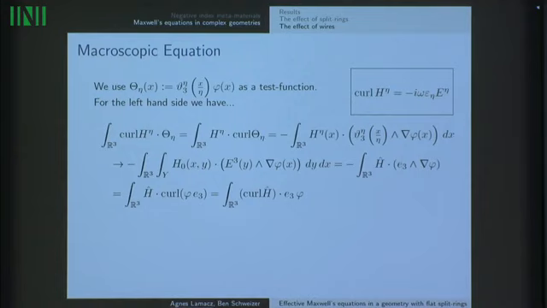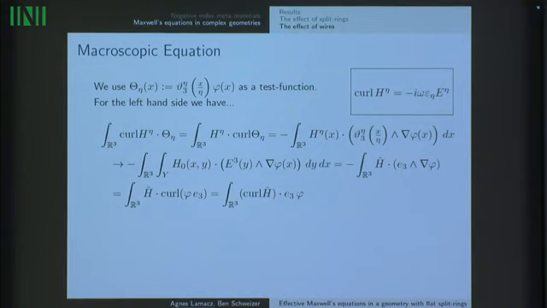So, therefore, we multiply our equation with an oscillatory test function which uses the sequence theta eta 3 evaluated in x over eta times some macroscopic test function phi, arbitrary test function. Okay, and so we test our equation. On the left hand side, we first integrate by parts, exploit that our test function is microscopically curl-free, which means that the derivative only hits the macroscopic test function. We then use that h eta converges in two scales to h0.